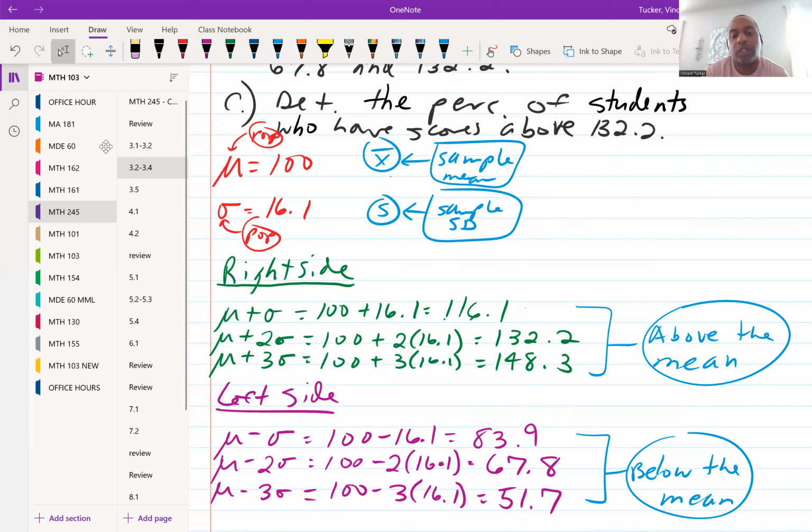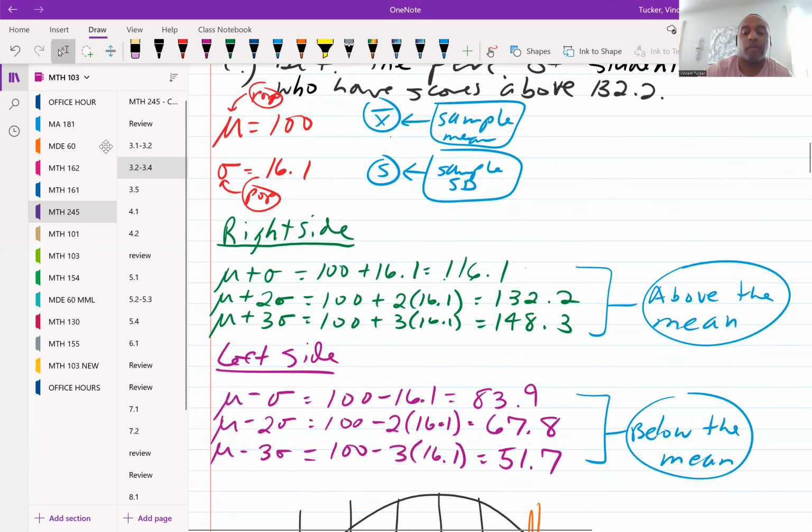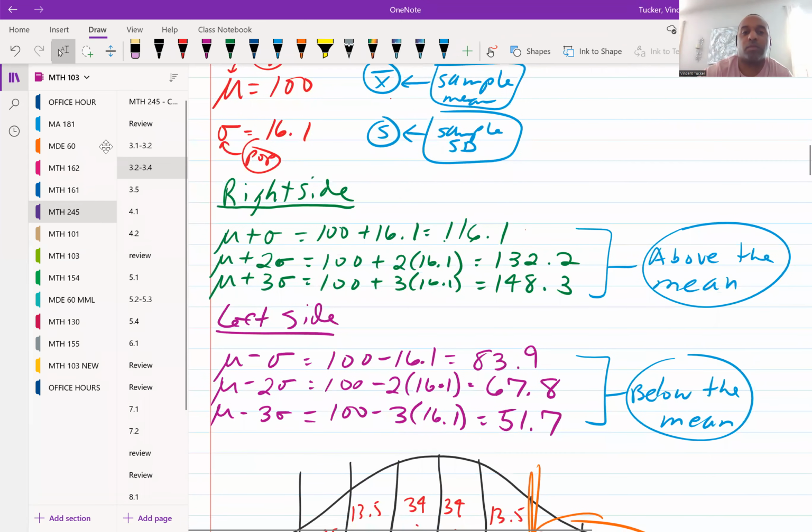All right. Any questions with those 6 values? Let's scroll up.